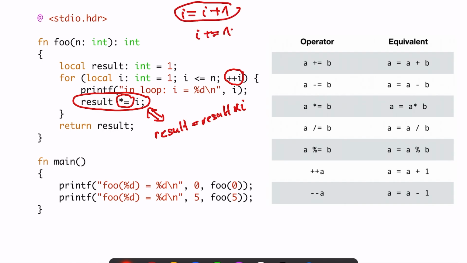And these would be equivalent to each other. But this special case for incrementing a variable by 1 is also taken care of by this plus plus. And something similar you have for decrementing a variable by 1, you could write minus minus I.